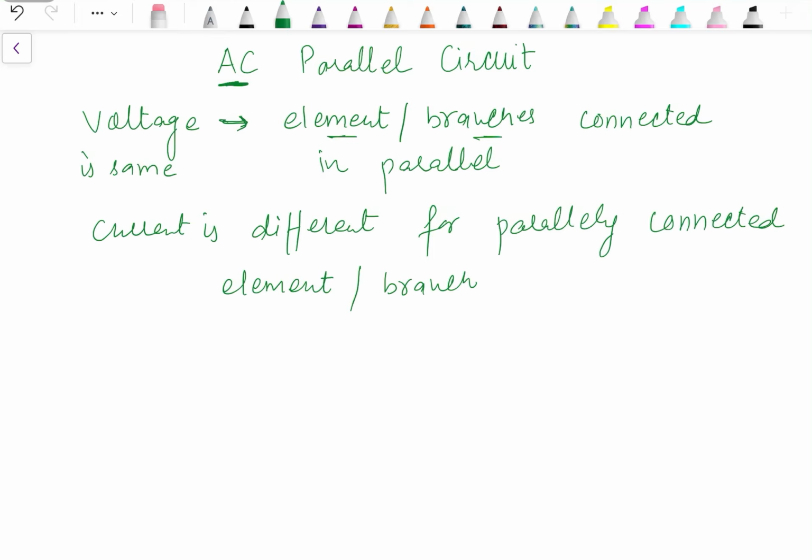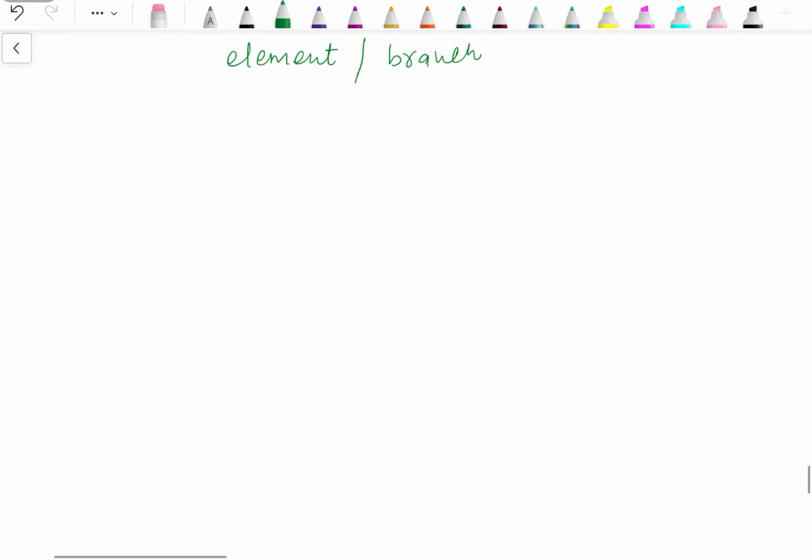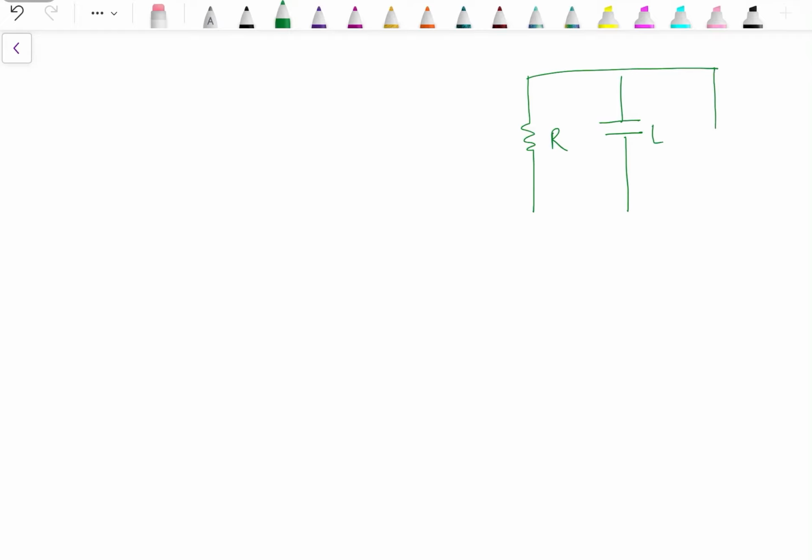So for parallel circuit understanding, let's take the example of a simple parallel circuit which has a resistance connected in parallel with inductance L, and that is connected in parallel with capacitance C, and then we have a voltage source V connected over here.